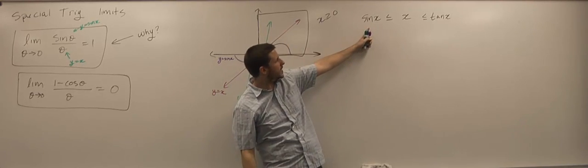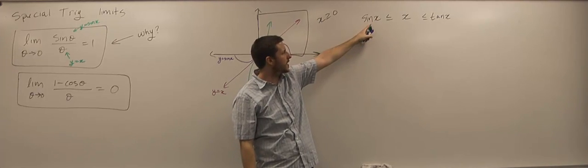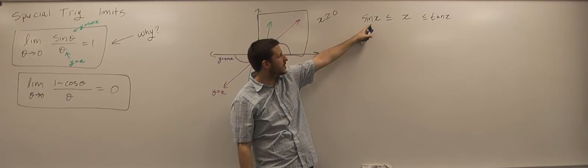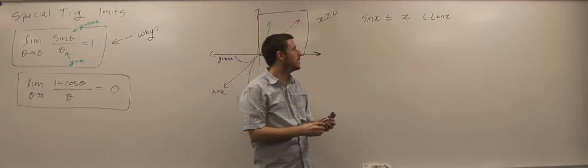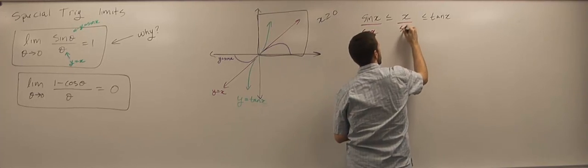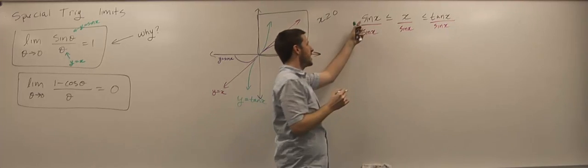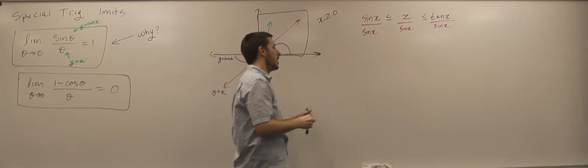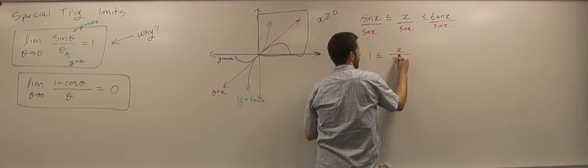So what I can do to get this sine next to this x is take this inequality that I've accepted as true and divide everything by sine. What's sine over sine? 1. X over sine x, I'm just going to leave him alone for now.